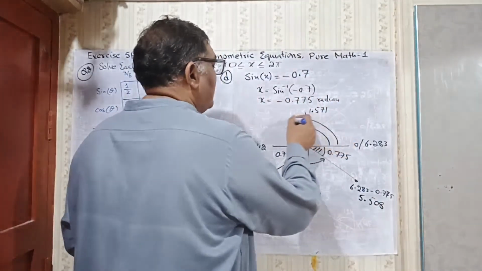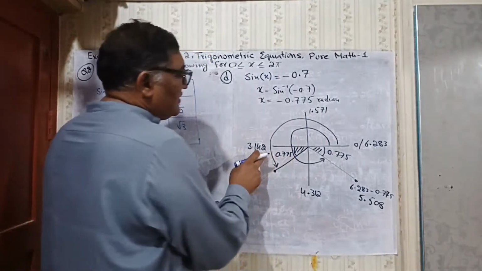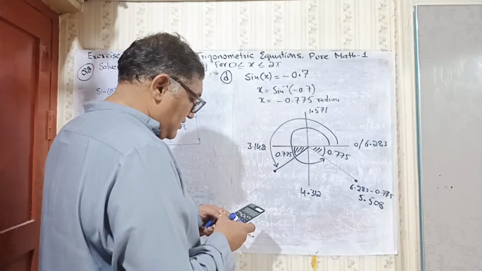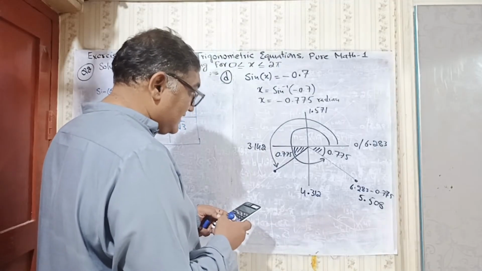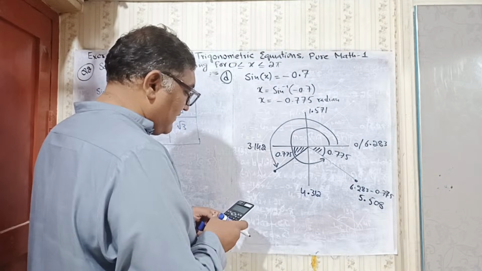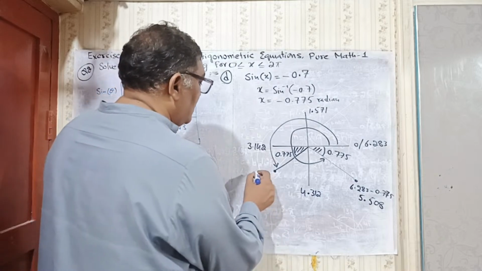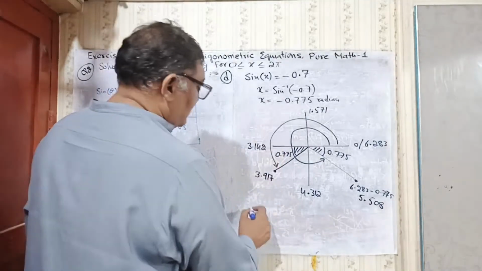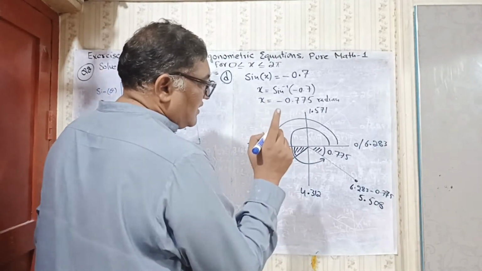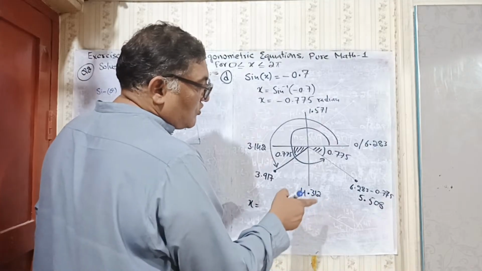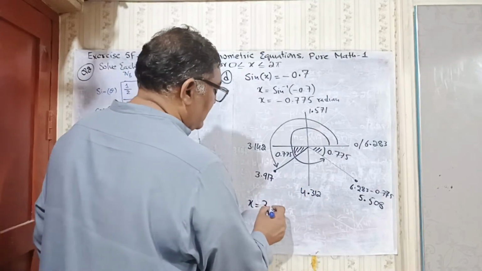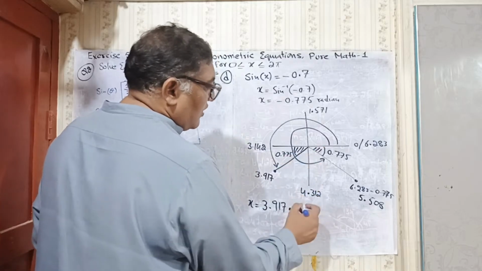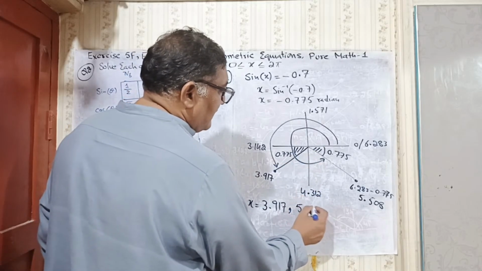Now I will find this angle. This angle will be 3.142 plus 0.775, and that is equal to 3.917. So x should be the angle in the third quadrant, 3.917, and the angle in the fourth quadrant, which is 5.508.